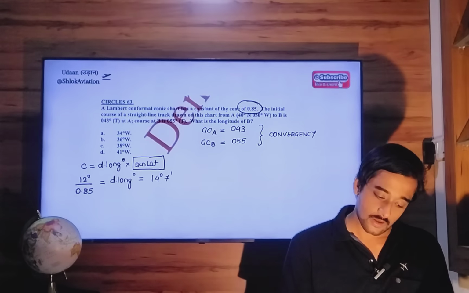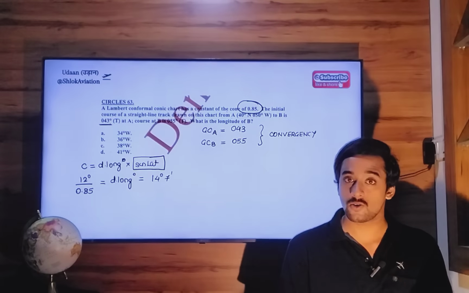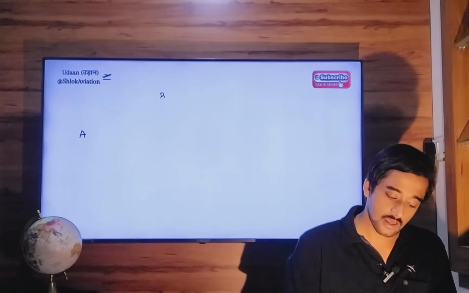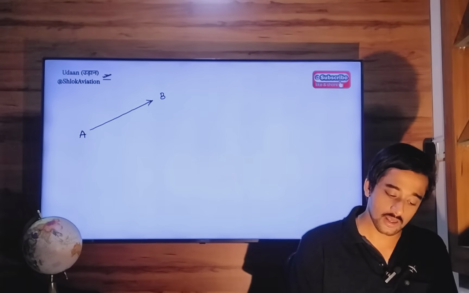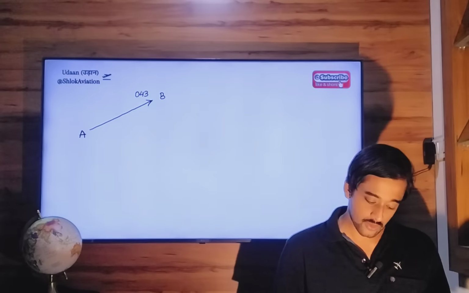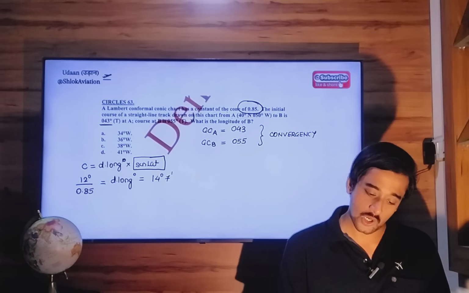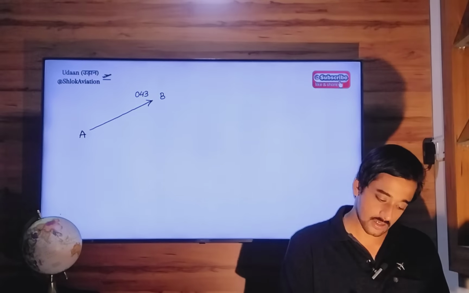Now, you are flying from point A to point B in a direction of 043. That means you are flying in the northeast direction, which means point A is to the west of Bravo. Point A longitude is 50 degree west.